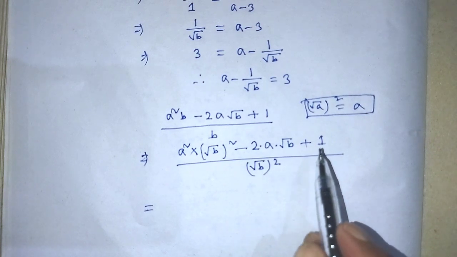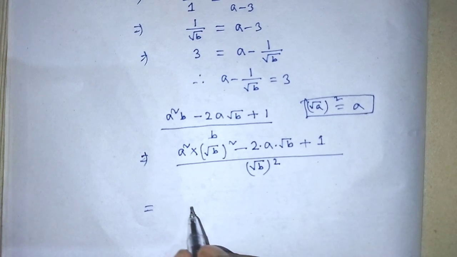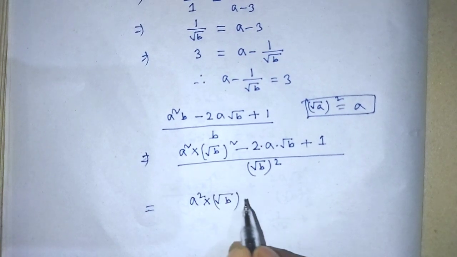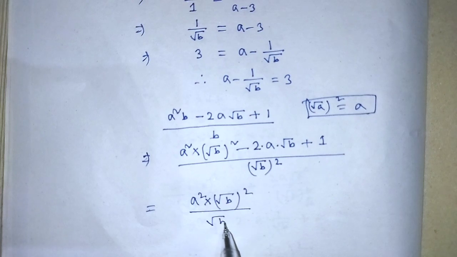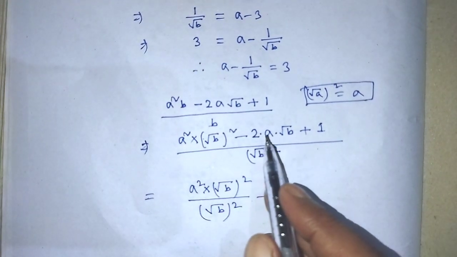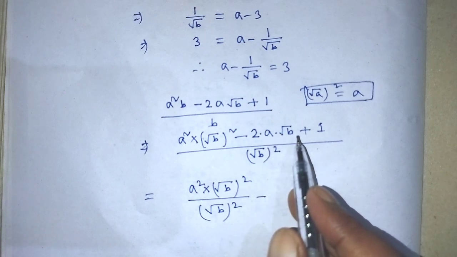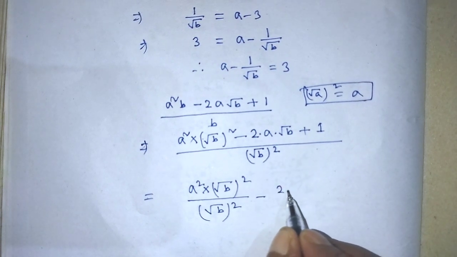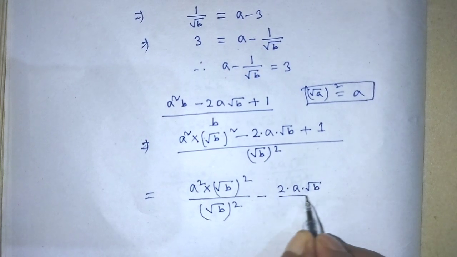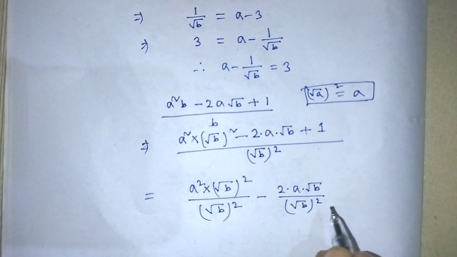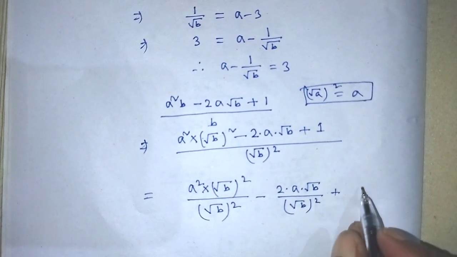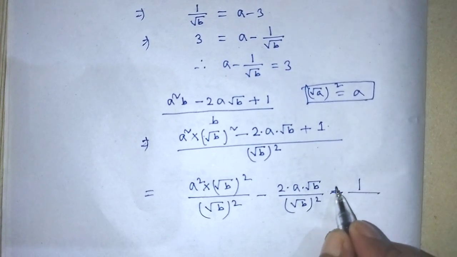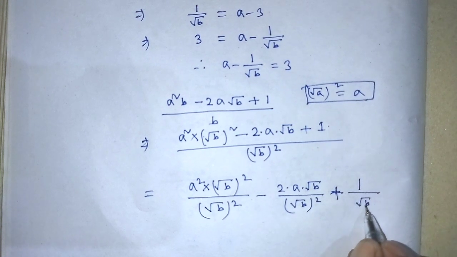So if you divide the numerator by the denominator, we can write a square into root b whole square over root b whole square, minus, in the second term, 2 into a into root b over root b whole square, plus, in the last term, 1 over root b whole square.